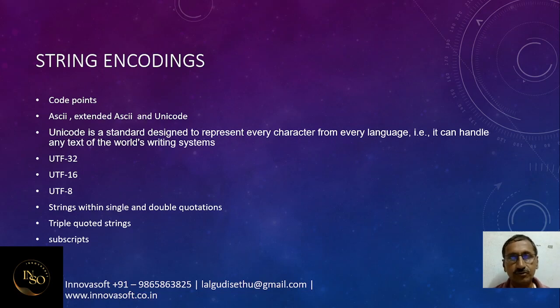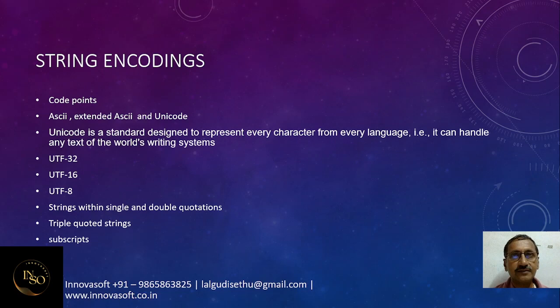But when it comes to extended ASCII, German, French, and other language characters were included. Still, extended ASCII supported only up to 256 characters. Beyond that, if you had to support Chinese or Korean characters or any Indian language characters, then we need extended encoding.